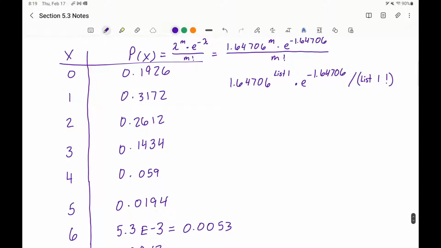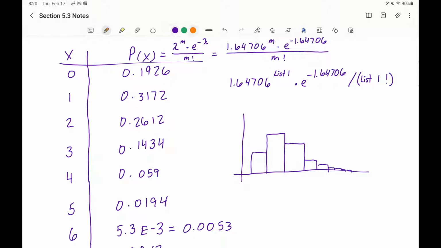The other thing I want you to think about is if we were going to do a histogram, like it starts out 0.19, then it goes to 0.3, then it comes back down to 0.26, and then 0.14, then 0.05, and then 0.01, and then less than that, then less than that, and less than that.